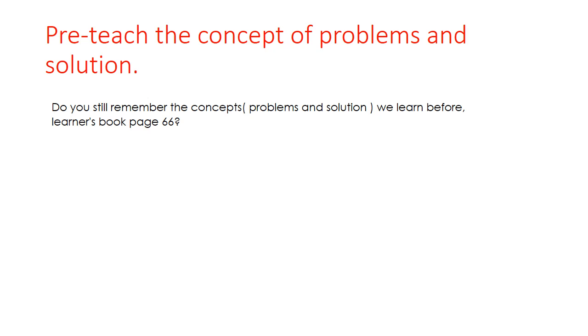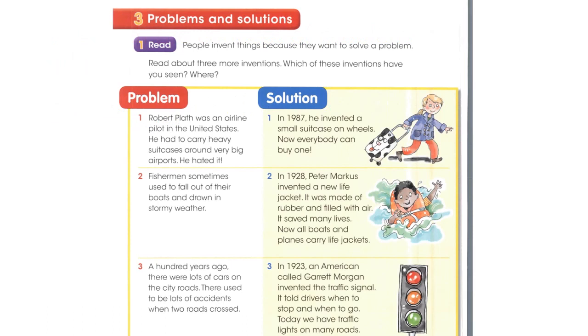We learn about problem and solution. As you can see, people invent things because they want to solve a problem. Read about 3 more inventions. Which of these inventions have you seen and where?